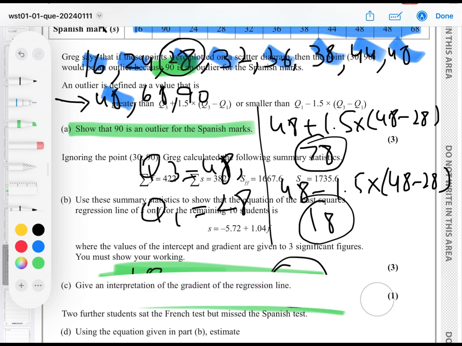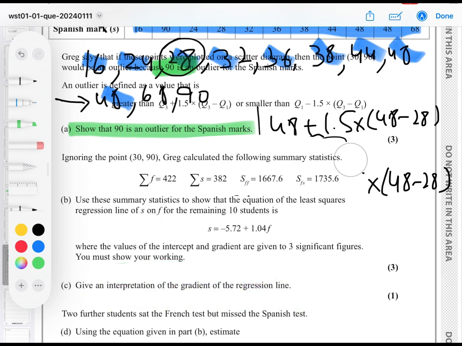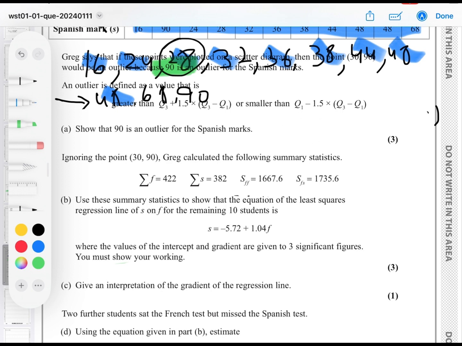Now going towards the next part. In the second part, they are saying, ignoring the point 30, 90, Greg calculated the following summary statistics. Summation of f is 422 and summation of s is 388, and so on, the data which they gave here.